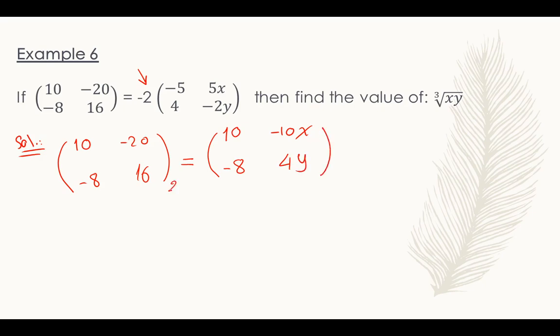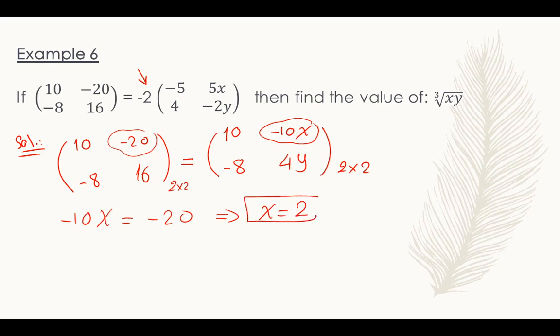Now the first matrix is of order 2 times 2 and the second matrix is also of order 2 times 2. Here we have 10 equals 10, negative 8 equals negative 8. So negative 10x will be equal to negative 20. Divided by negative 10, x will be equal to 2.